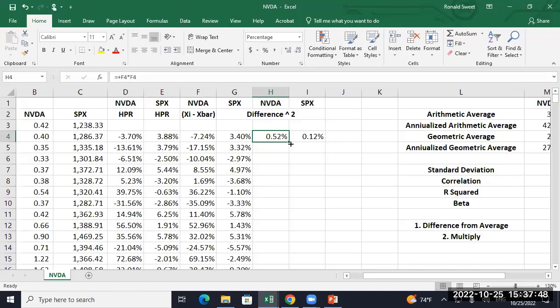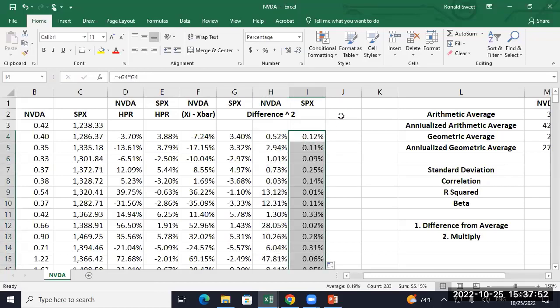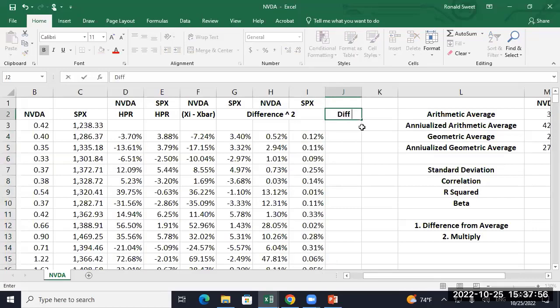All right, so we're going to just take those squared differences. And what's the other thing you do? Multiply the differences by each other. So here, we're looking at the difference for NVIDIA times the difference for S&P. What is that for? That's for correlation, R squared and beta. Correlation, R squared and beta, you have two asset classes. So there you take the difference and you multiply them by each other.